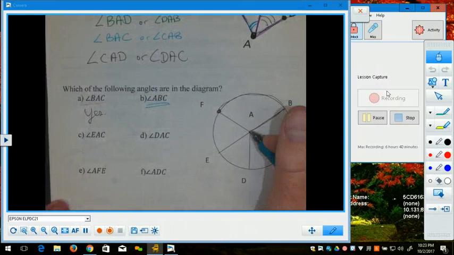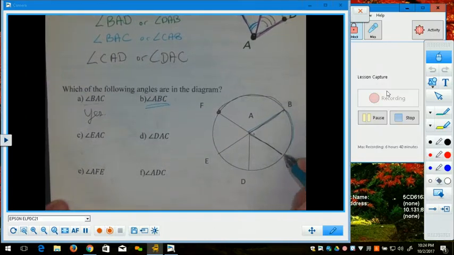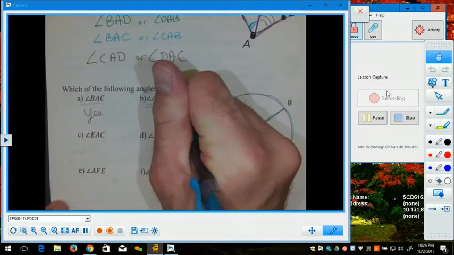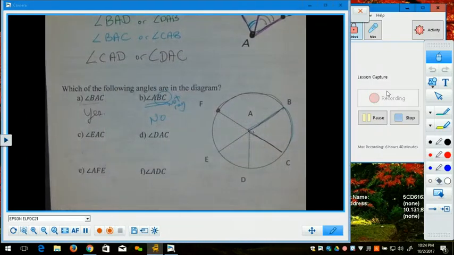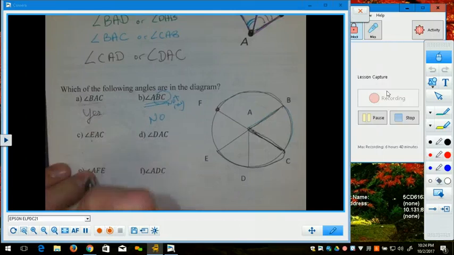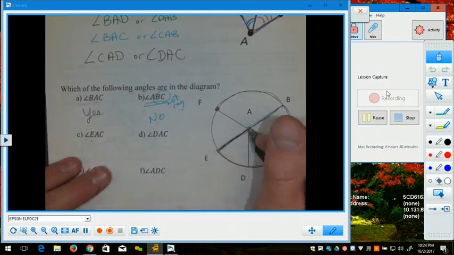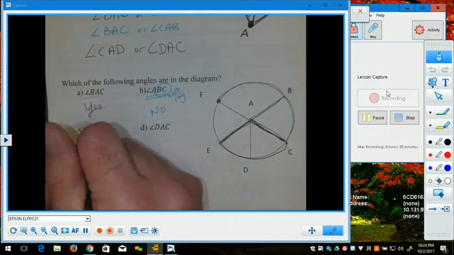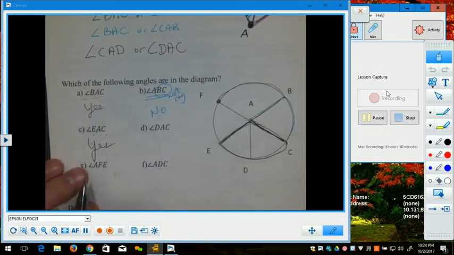Angle ABC. The problem is BC is not a ray. So this is no. Angle EAC. EA and AC are rays, 2 rays, so this is yes, and A is a vertex.